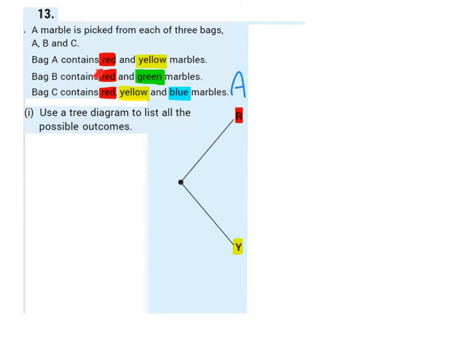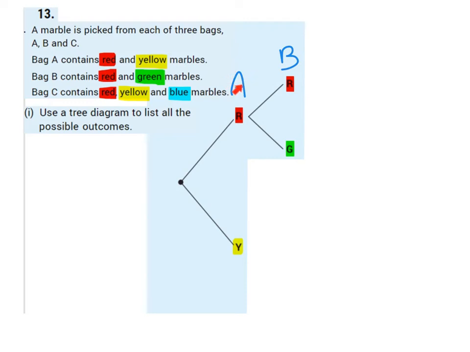Bag B contains red and green marbles. So from each of these 2 branches, we're going to draw another 2 branches because for bag B, we've got 2 possible outcomes, red or green. So let's just start off with this branch here. If we choose a red marble from bag A, we have the options of red or green from bag B. So I'm going to write a B over here.